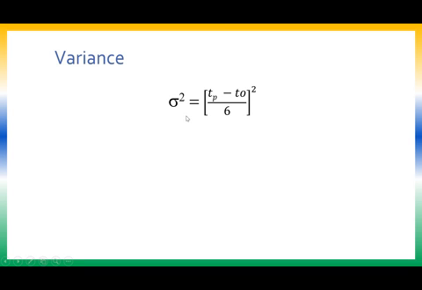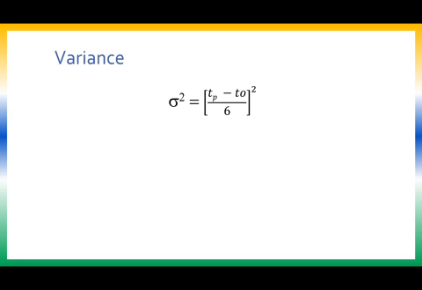So for computing the variance of individual activities, the variance is computed using the formula sigma square equals (Tp minus To) by 6 whole square. Denominator is still 6. But here I am not considering most likely. I am considering both extremes.